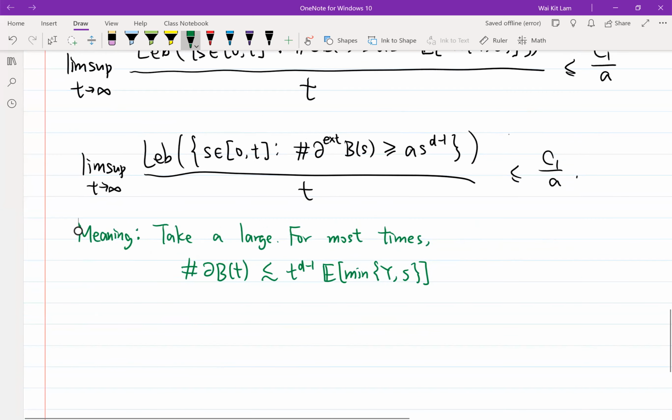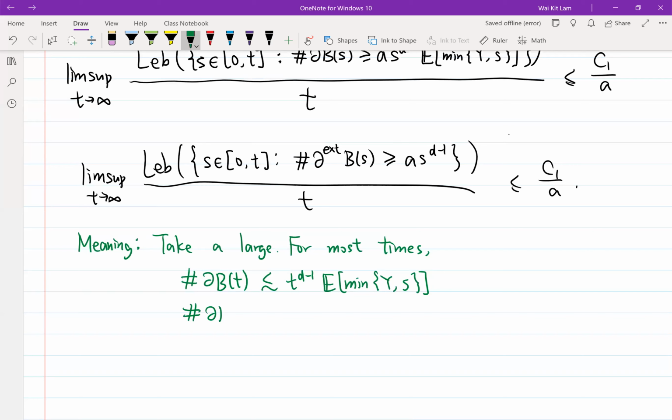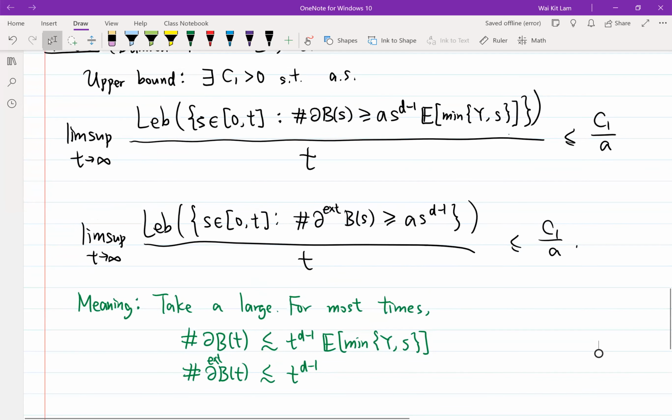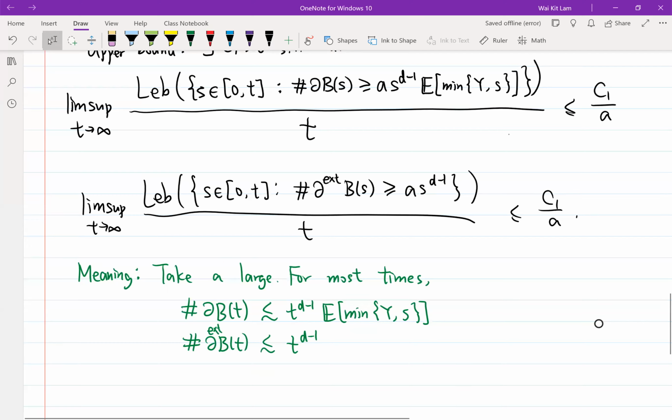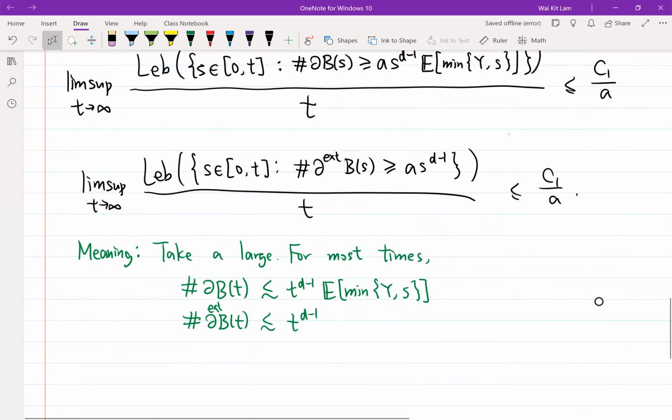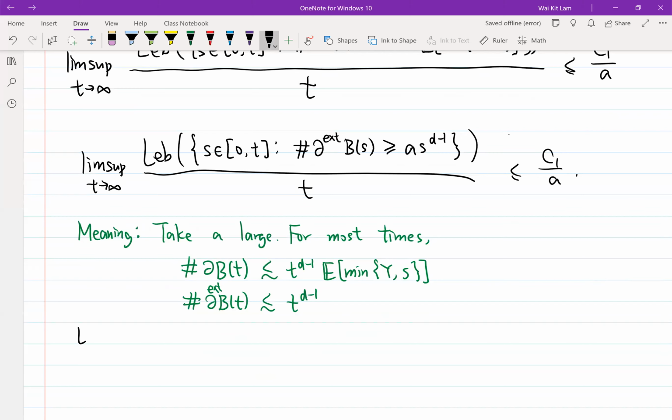And for the exterior boundary, we know that for most time, the inequality inside the set wouldn't hold, so it is bounded above by some constant times T to the D minus 1. Okay. So this is the meaning of this statement here. So I'll explain what this expectation means in a moment, but before that, let me talk about the lower bound.